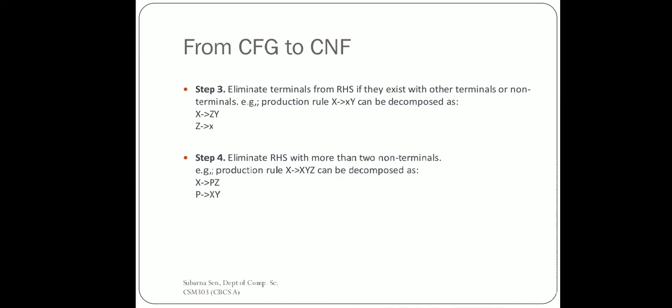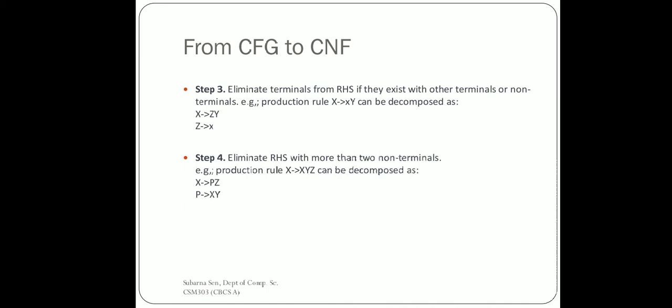See here, it's very easy to understand. What we have done, we have replaced this small x with one variable, and we have incorporated one more production rule, which is saying that whatever the new variable we have introduced there, that variable can derive the terminal which was there at its place, right?